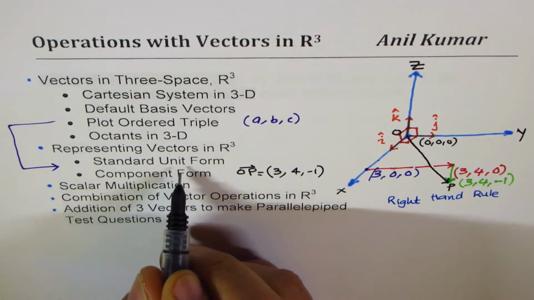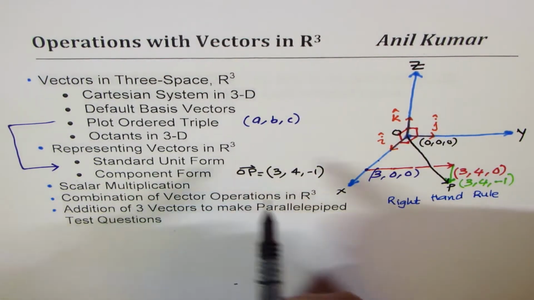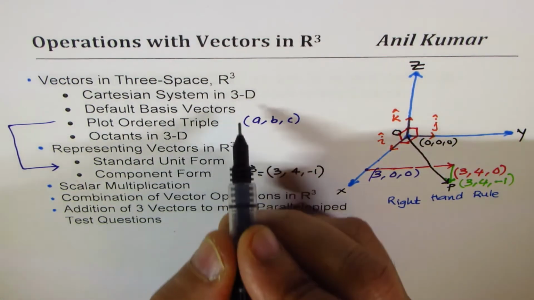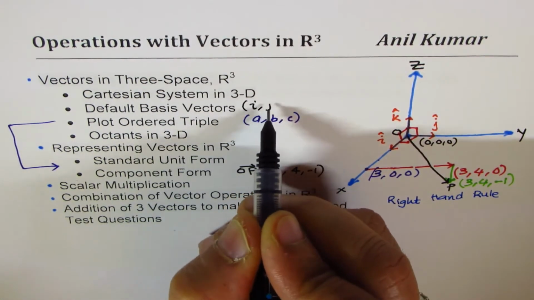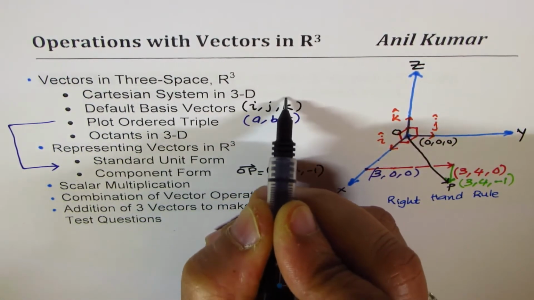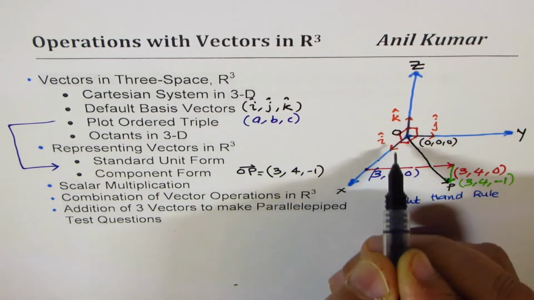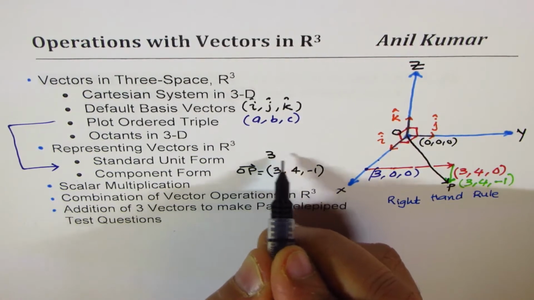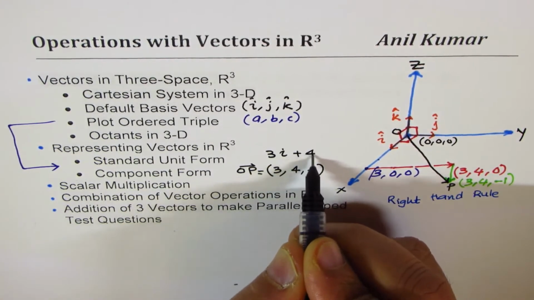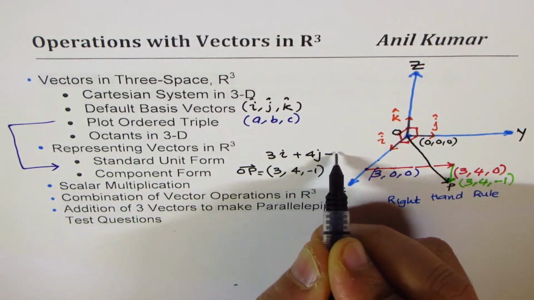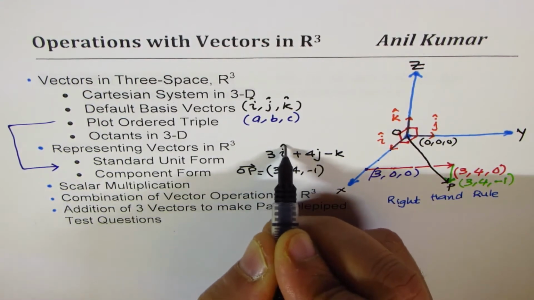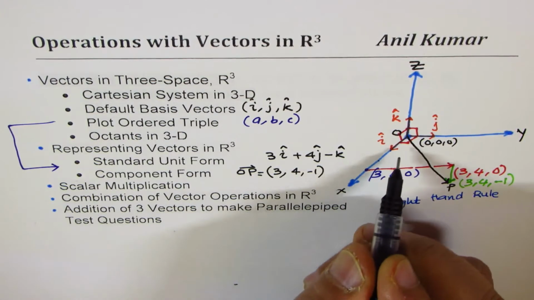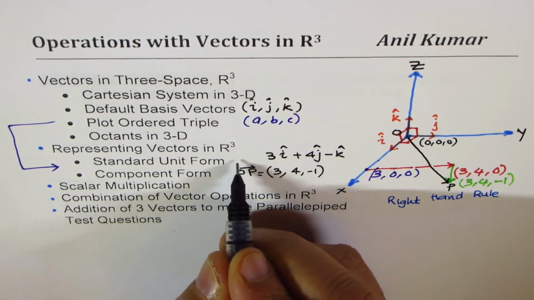And in standard unit form, the basis we take is i, j, k, as I explained initially. It will be represented as 3i + 4j - k. So i, j, k will always be treated as unit vectors along the directions x, y, and z.